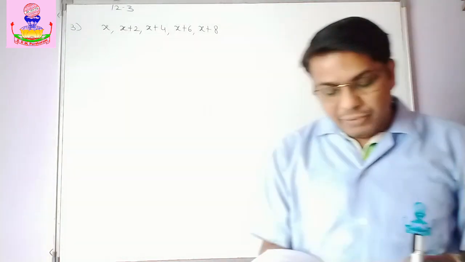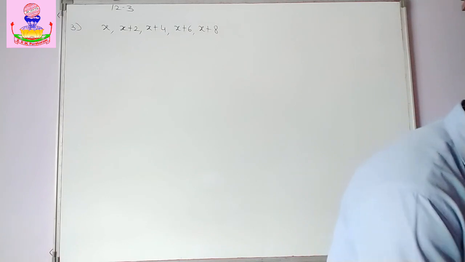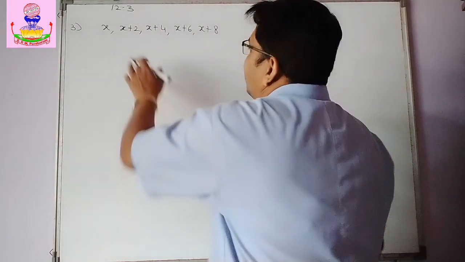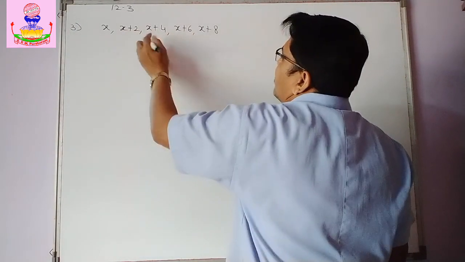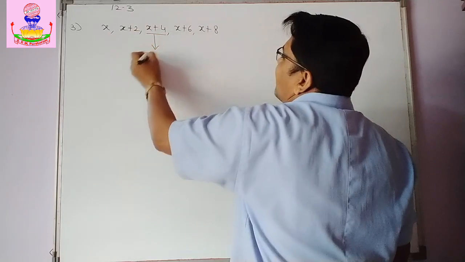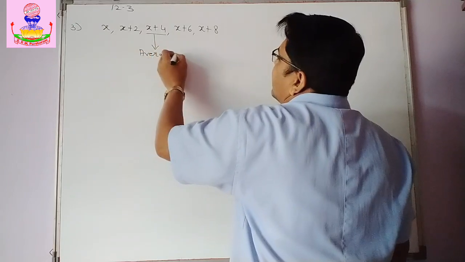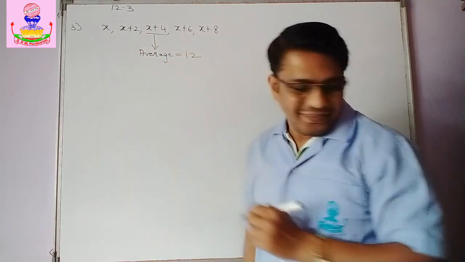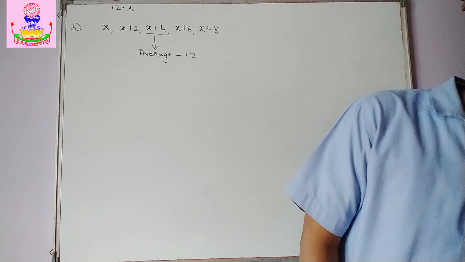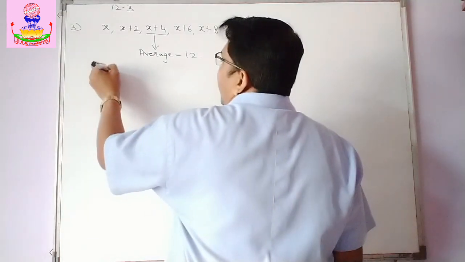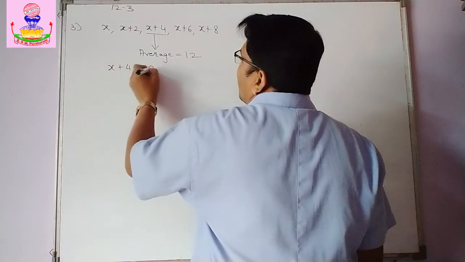Now their average is given to be 12. Okay, so we know that there are 5 numbers, 1, 2, 3, 4, 5. So the average is equivalent to the middle number. And this average is given to be 12. So that means x plus 4 is equivalent to 12.